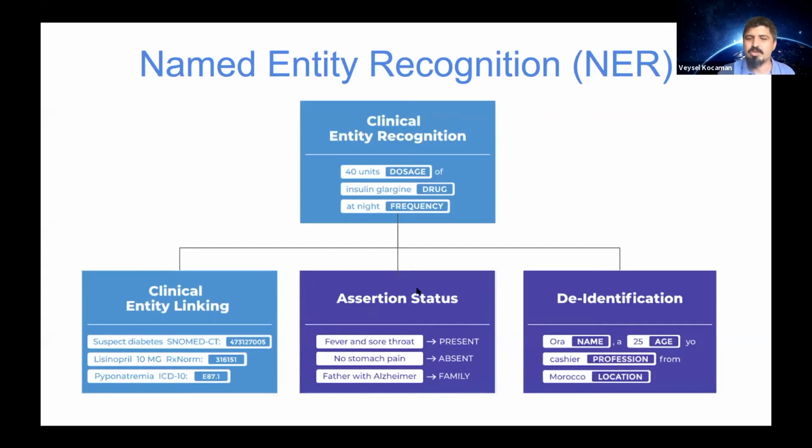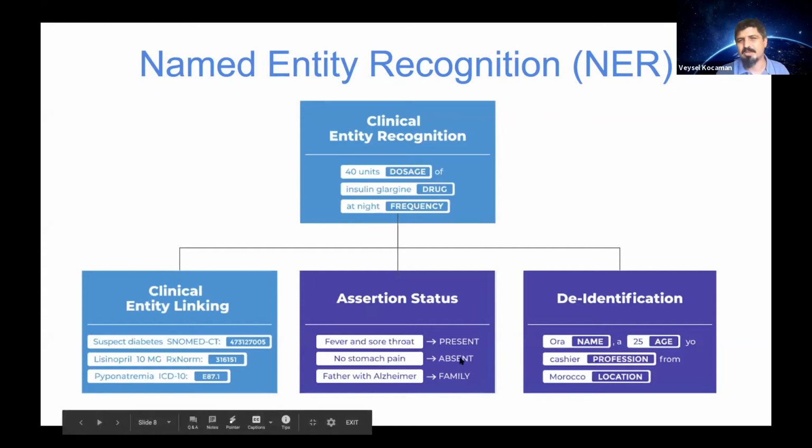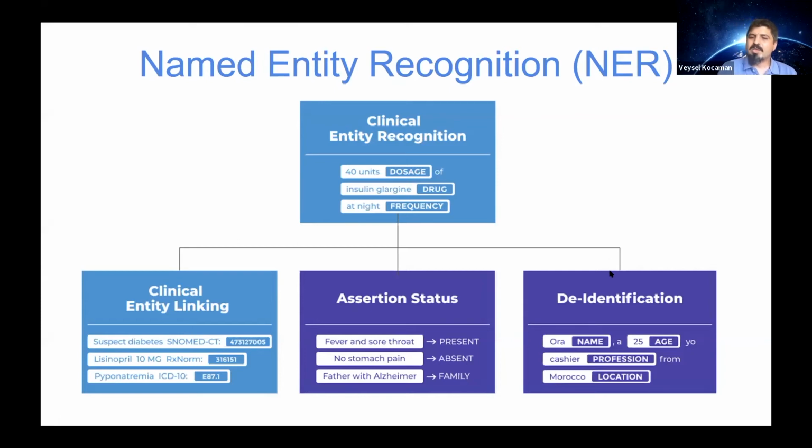So I check the assertion status, if it's present, absent, or might be related to family. Or we just want to share our data with some other authorities, but we want to conceal some sensitive information according to HIPAA rules, so we use de-identification. So it all starts from clinical NER. So that is the foundation of clinical NER models. Okay.